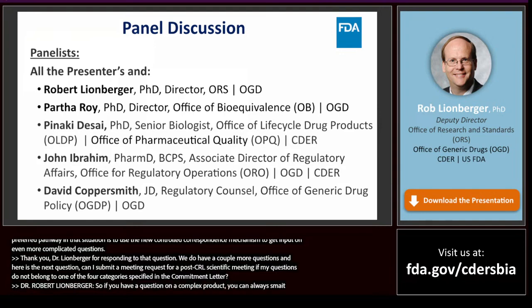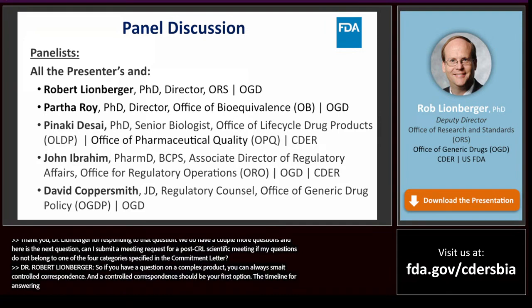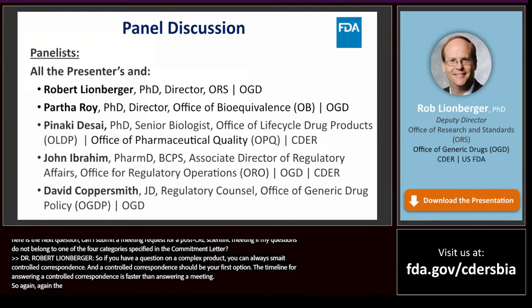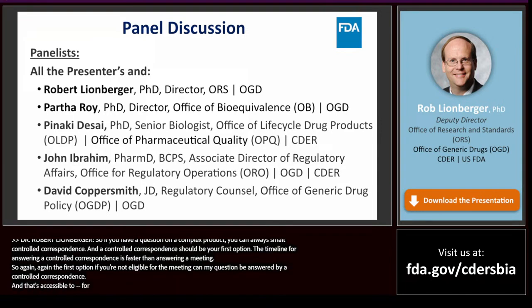A control correspondence should be your first option. The timeline for answering a control correspondence is faster than answering a meeting. So again, the first option, if you're not eligible for the meeting, is, can my question be answered by a control correspondence? And that's accessible for all of the products. So we'd encourage you to use that.